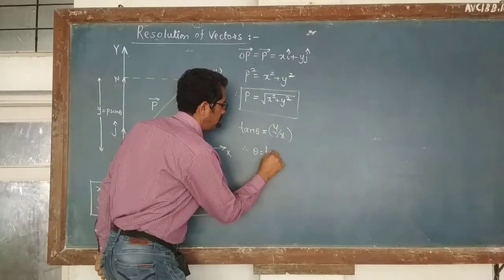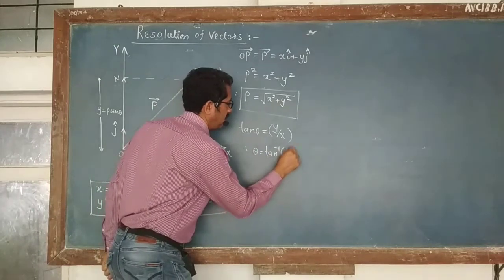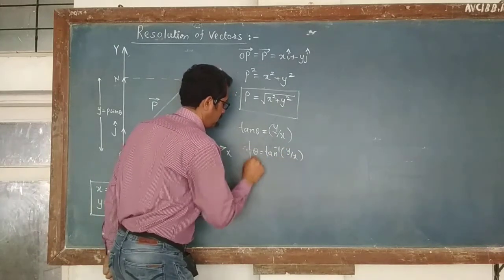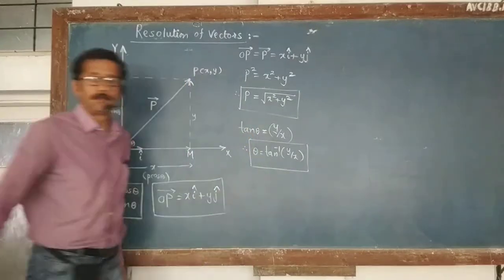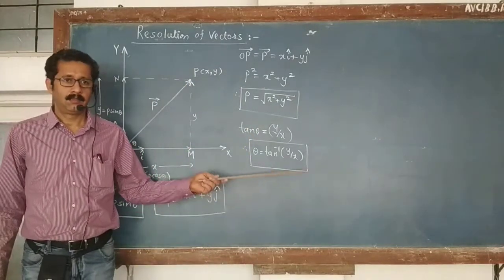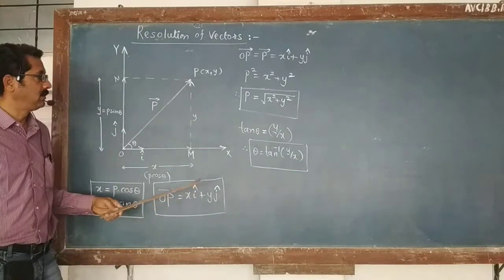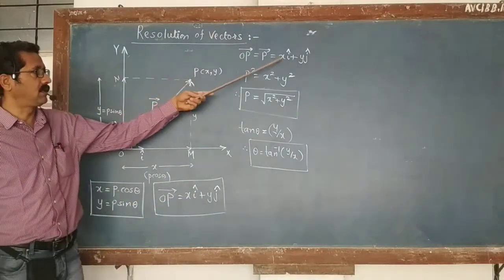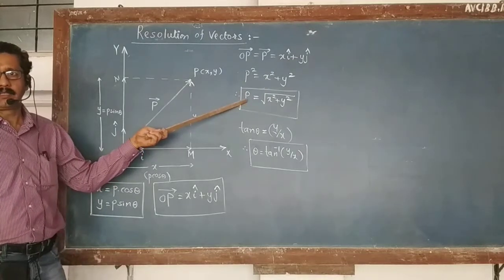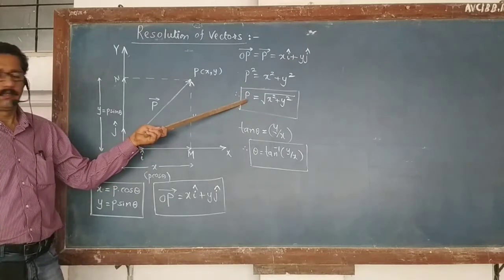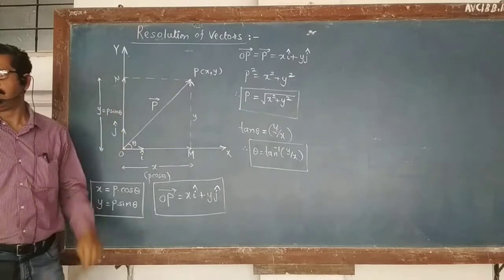Theta will be equal to tan inverse of y by x. That's what you get. When I knew the values of x and y, I could find the magnitude of the vector, and I could find the angle made by the vector.